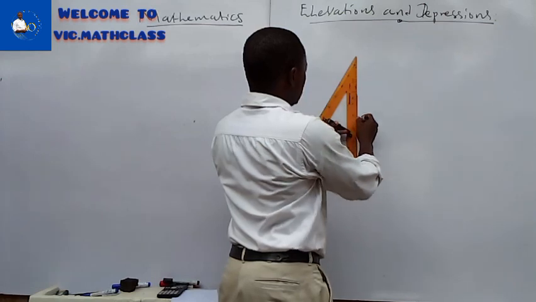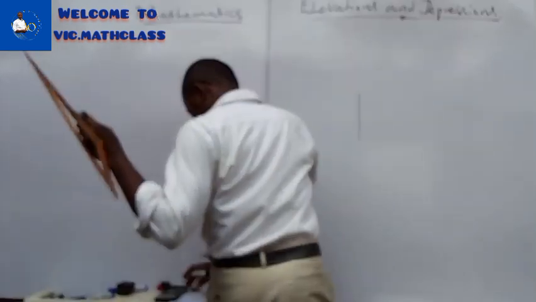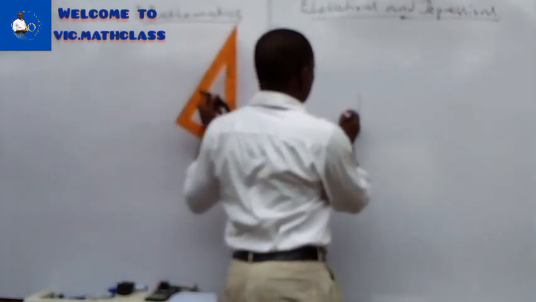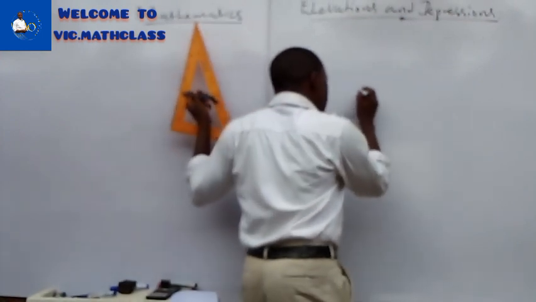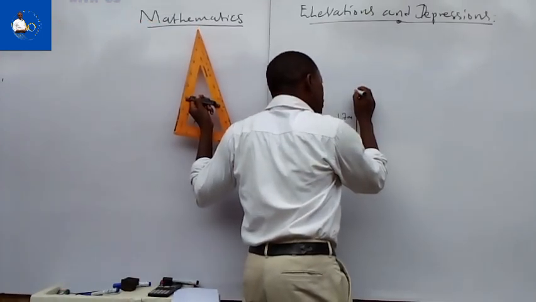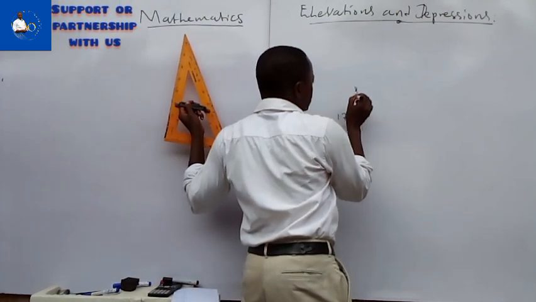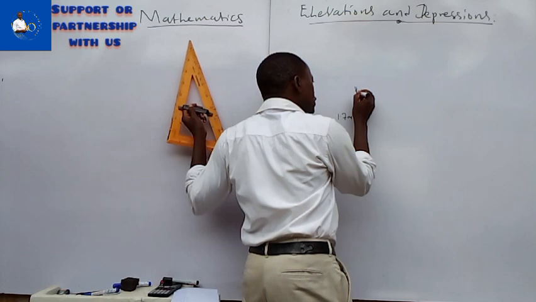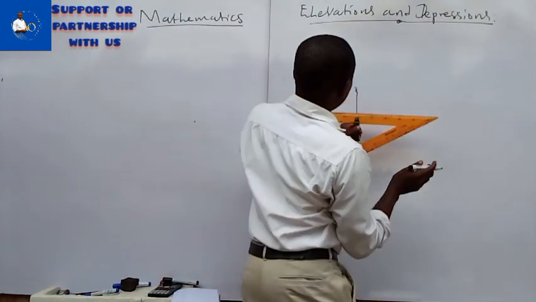This man standing somewhere here, and this is my 1.7 meters. This man is 1.7 meters tall. This is his eyes. Let me see if I can become an artist. These are the eyes of the observer looking up there.